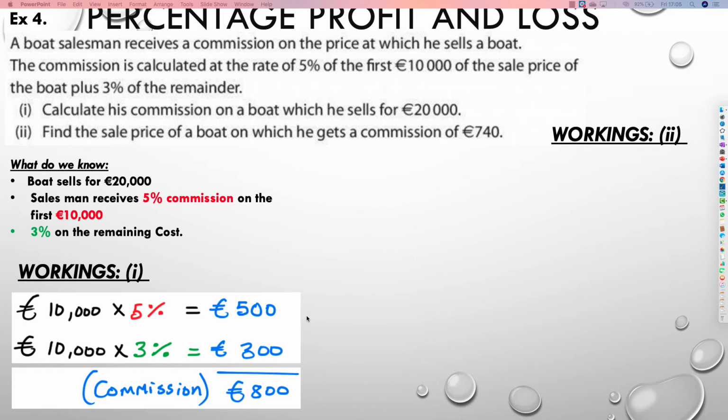The price of the boat. Why is it less than 20,000? The commission for 20,000 was 800. So, the commission for 20,000 was 800. What are they going to do here?